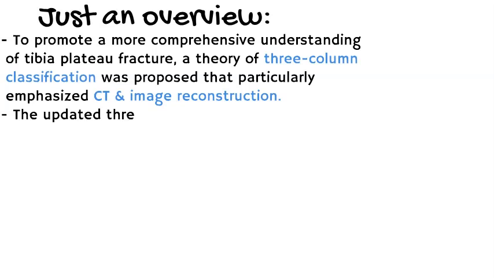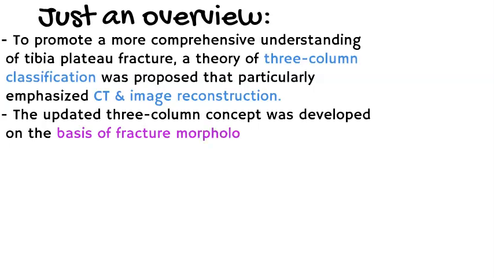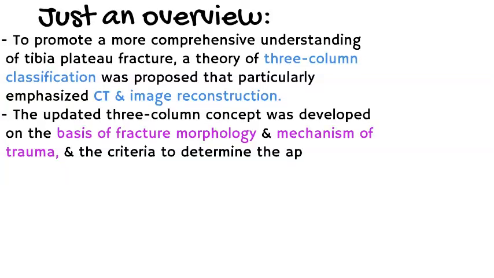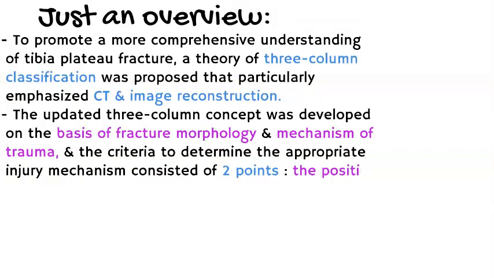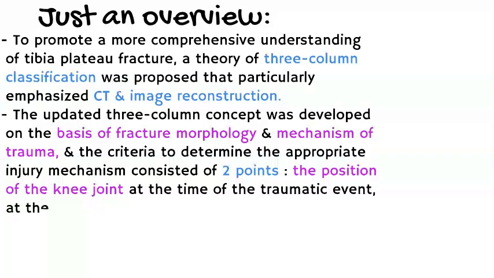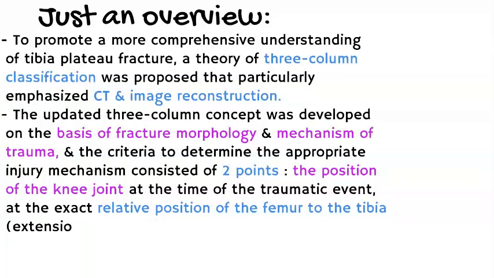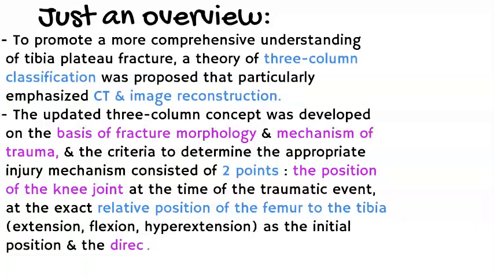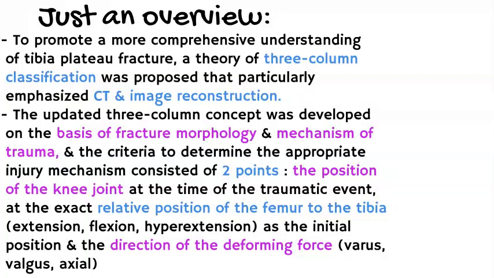The updated three-column concept was developed on the basis of fracture morphology and mechanism of trauma, and the criteria to determine the appropriate injury mechanism consist of 2 points: the position of the knee joint at the time of the traumatic event, the exact relative position of the femur to the tibia, whether in extension, flexion, or hyperextension, as the initial position, and the direction of the deforming force, either varus, valgus, or axial.